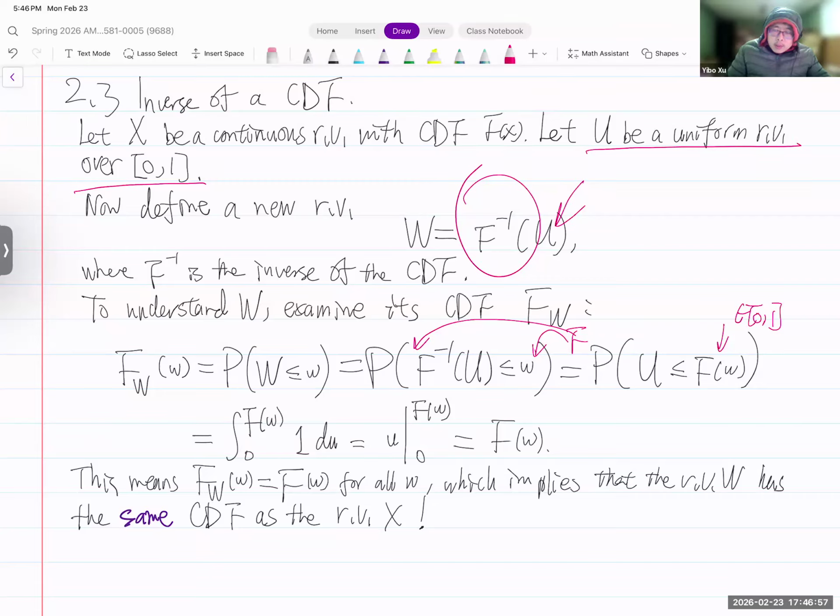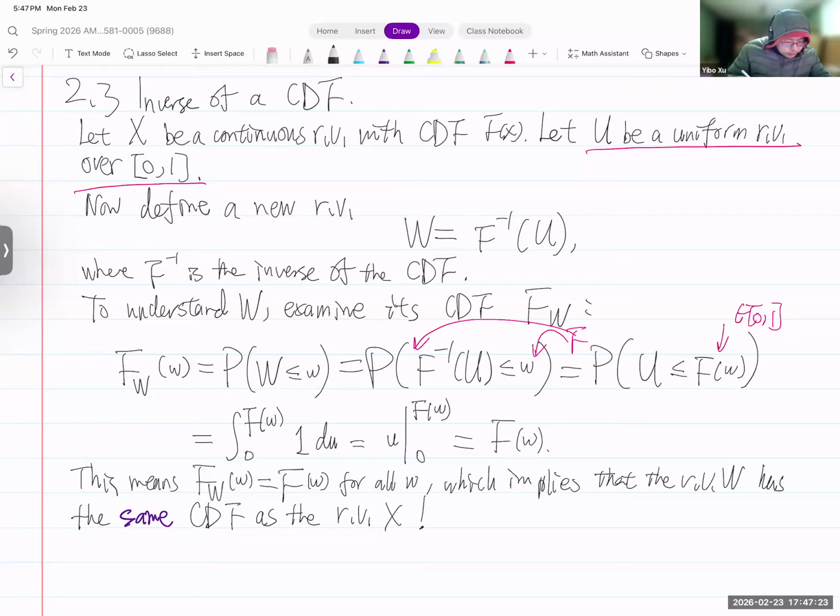Drawing a number between 0 and 1 uniformly is an elementary random variable that you can construct. Then, as long as you know F inverse, you can construct W as a composition, and then W follows the same distribution as your X. Even though X may be complicated, as long as you know these components, then you're done.